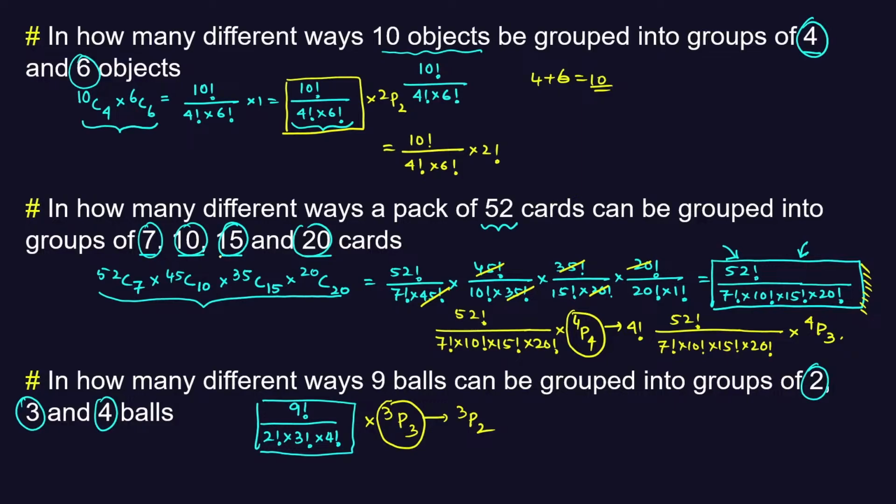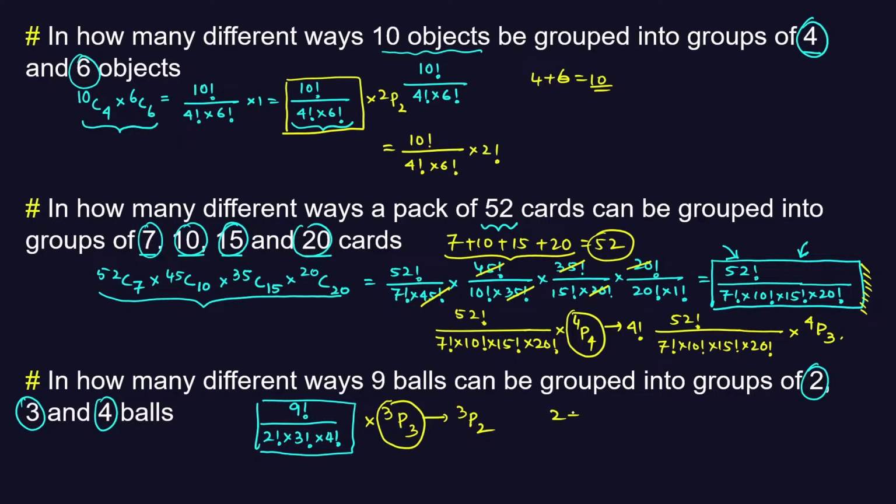Similarly, for this case, 7 plus 10 plus 15 plus 20 gives you 52. So 52 cards have been grouped into 4 groups containing 7, 10, 15, 20 cards, and if you add all the cards in these 4 groups, you get 52. Everywhere it is like that.